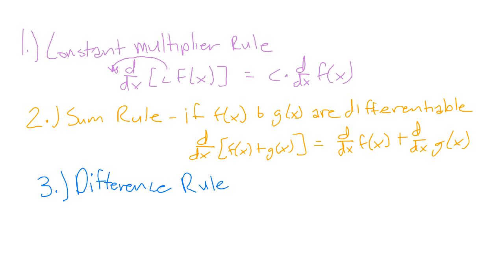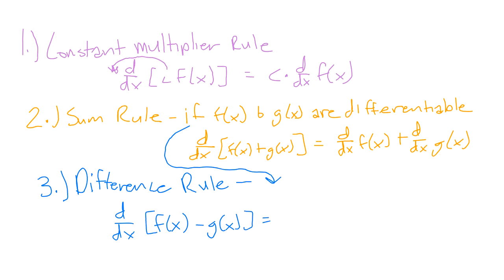It has the same conditions. The only difference is that instead of a plus sign, instead of adding, you're subtracting. So if you're subtracting two functions, you can split it up and subtract the derivatives of those two functions.